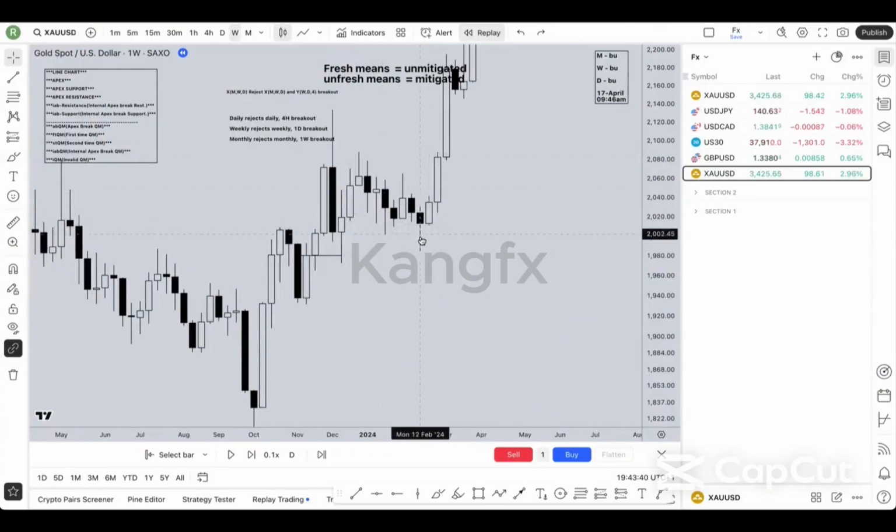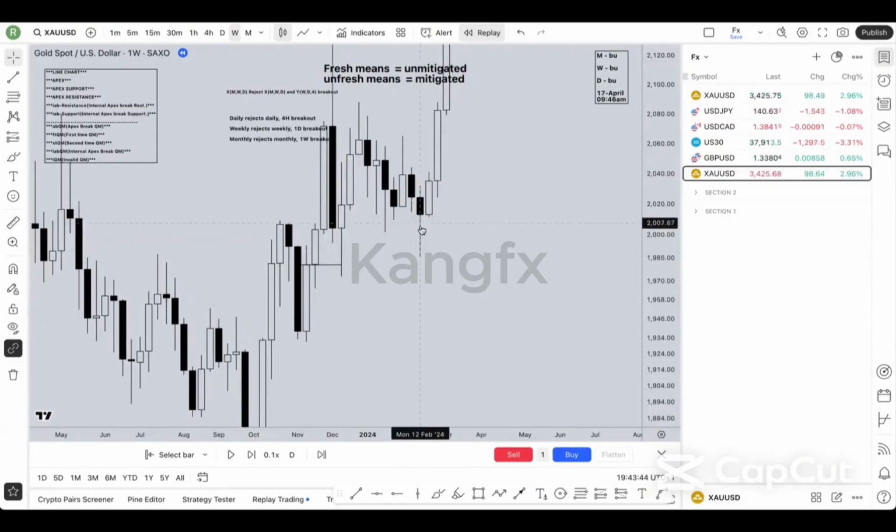Coming back again, we almost had another rejection, but if you see, we had a rejection here. Now, this place might look like an unfresh level because it has been used as rejection before.